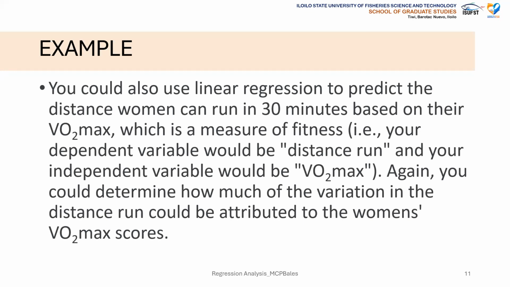Again, you could determine how much of the variations of distance run could be attributed to women's VO2 max scores as well. That's why if one variable is really a predictor, you could have an estimate of the possible value of another variable based on the value of the independent variable.